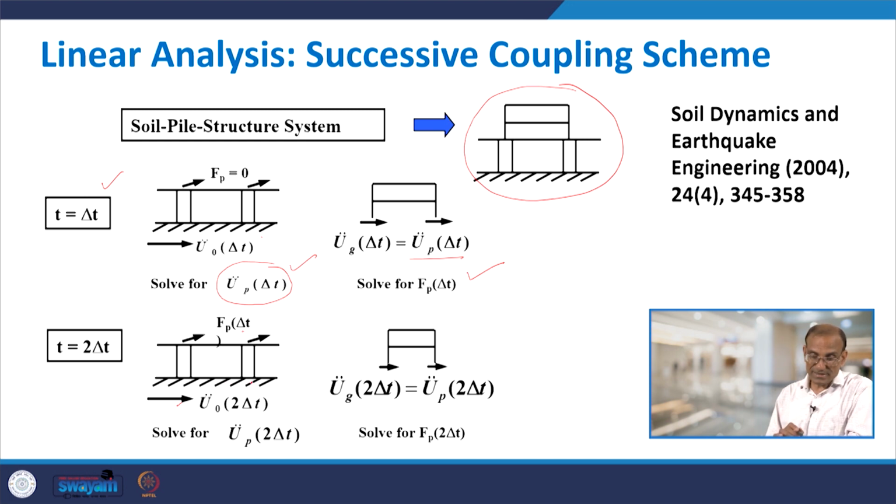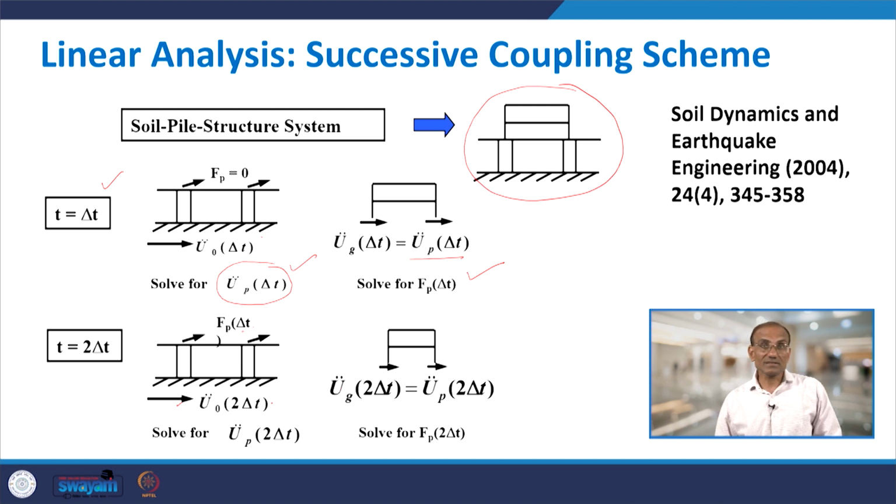So the forces applied in the second step are the earthquake motion as well as the forces found at the base of the columns, or the top of the piles. Then the second step is carried out for the buildings also, and this keeps continuing.